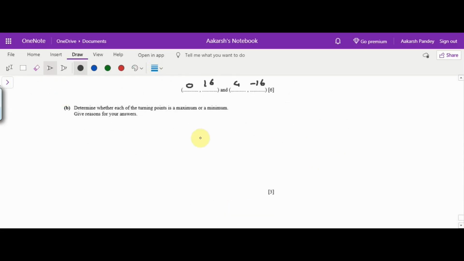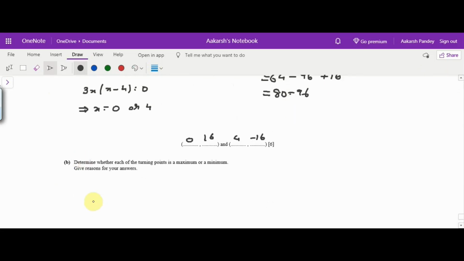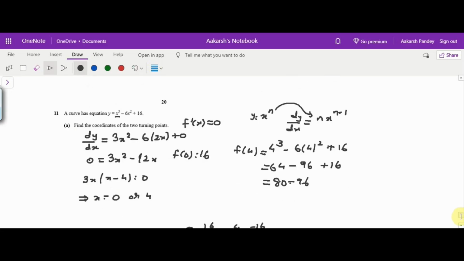Determine whether each of the turning points is a maximum or a minimum. To find out whether a turning point is a maximum or a minimum, what we calculate is d2y by dx2. We write this as f double dash x, the second derivative, which means you find the derivative once and then the second derivative when you differentiate what you have already differentiated.